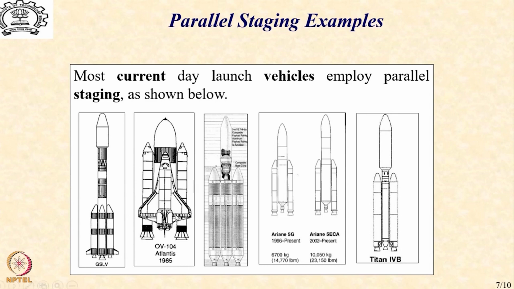Then you have the space shuttle, which has one main big core stage, and then you have the side strap-on boosters, and then you have the orbiter, which effectively is in the form of a piggyback stage. So the orbiter is essentially in the form of a piggyback if you see it from the side view.